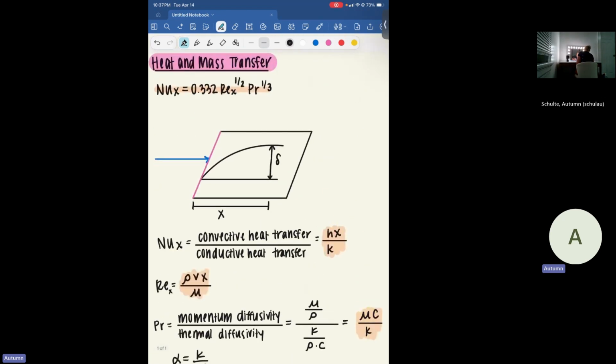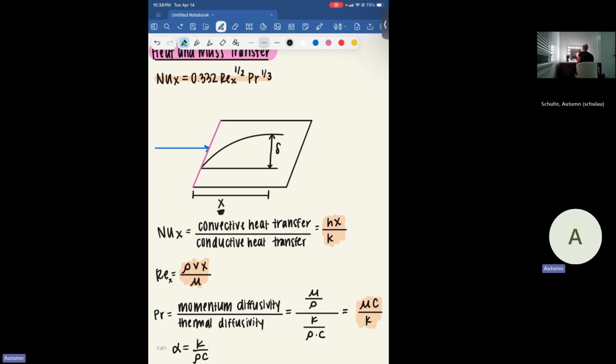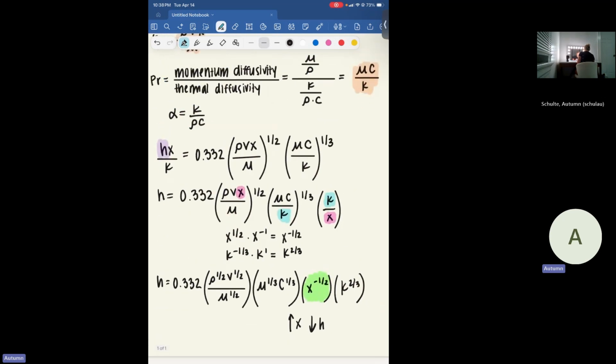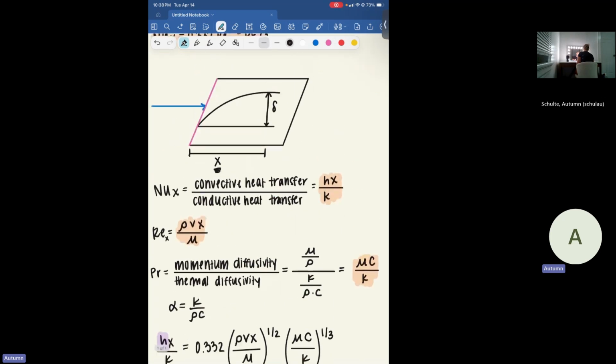So looking up here, the larger that this x value is, the less heat transfer is going to occur. And once again, we want to maximize this heat transfer. So we want to minimize this x value right here.